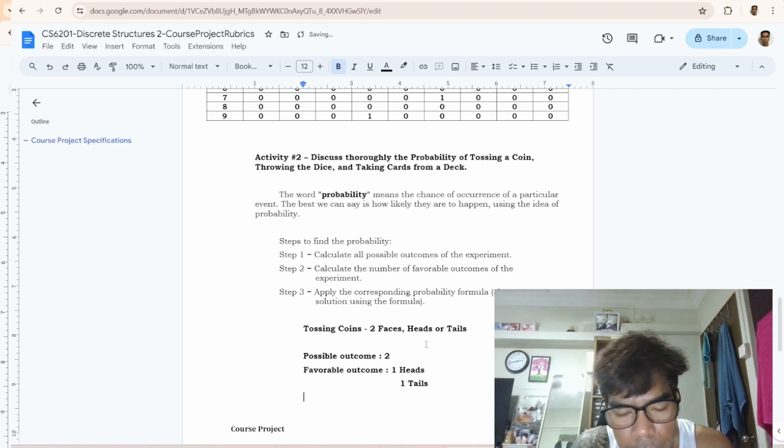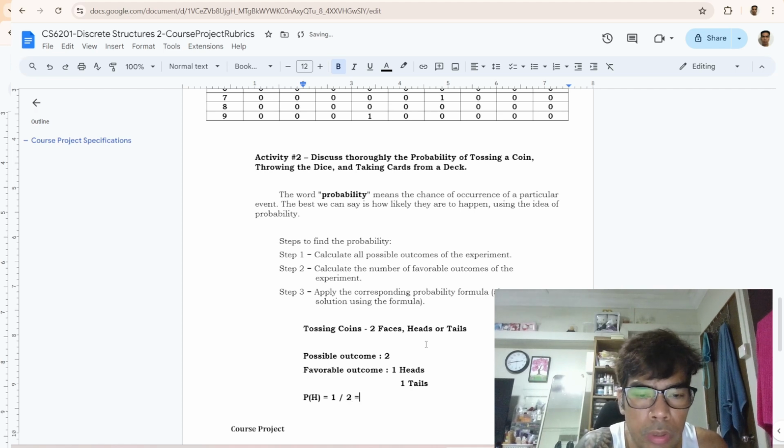Based on our formula of probability, it's the favorable outcomes over the number of possible outcomes. So the probability for heads is the favorable outcome of 1 over the possible outcome of 2.